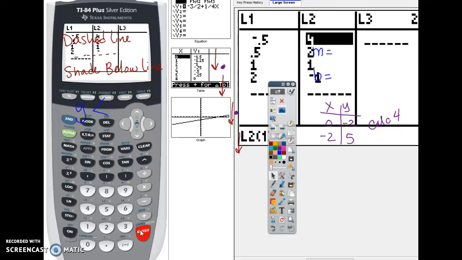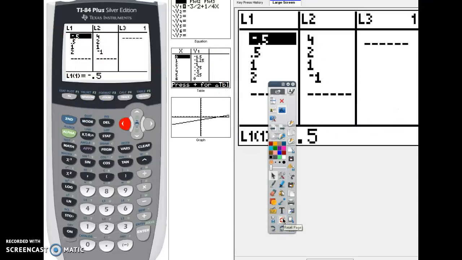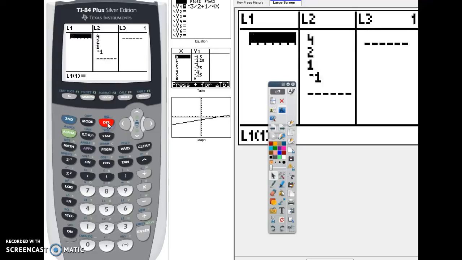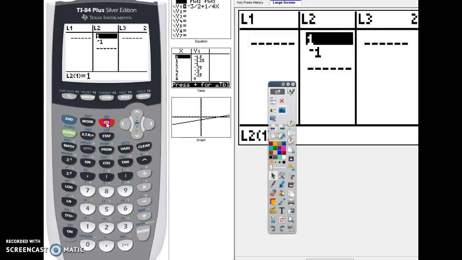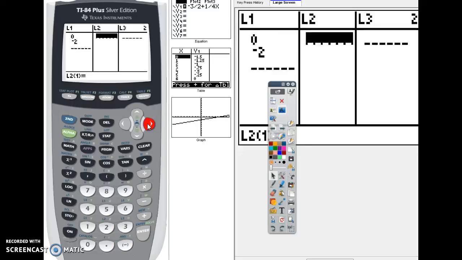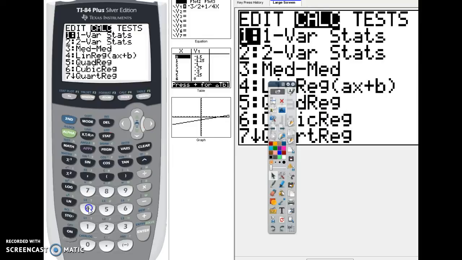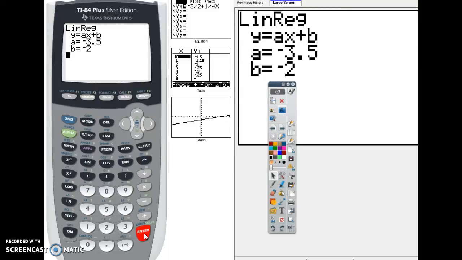Stat, enter. Delete those numbers. Type in your new table. We had 0, we had -2, and on the other side we had -2, and we had 5. Stat, calc, 4, because we only had 2 points.